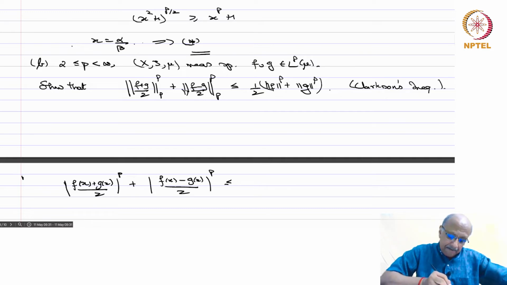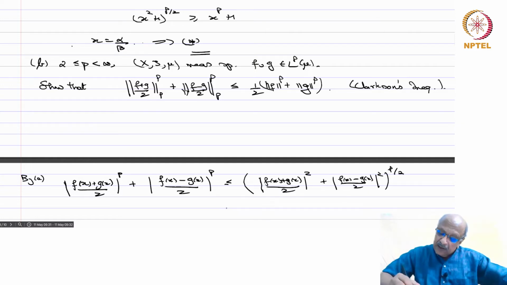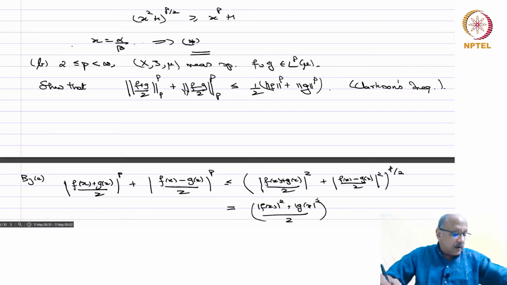So by part a, this is less than or equal to (|(f(x) plus g(x))/2|^2 plus |(f(x) minus g(x))/2|^2) to the power p/2. And if you simplify the inside, this becomes ((|f(x)|^2 plus |g(x)|^2)/2) to the power p/2.